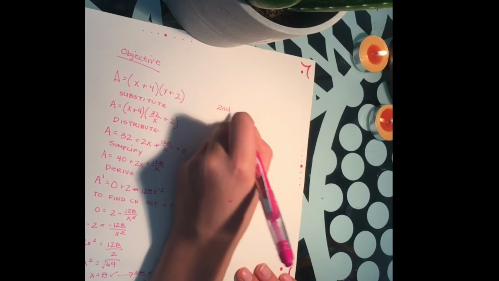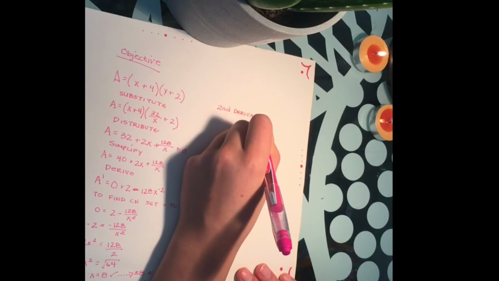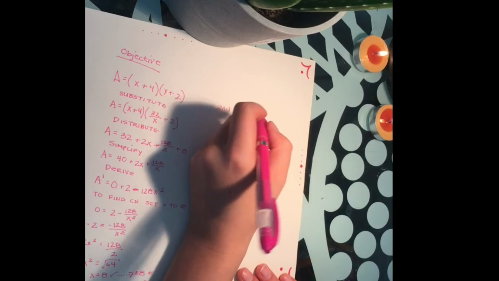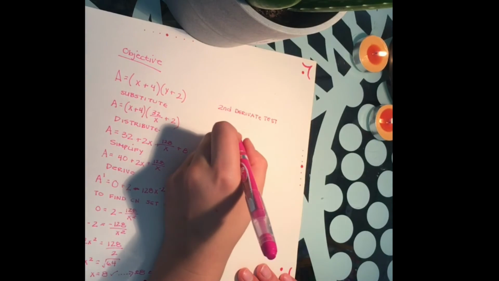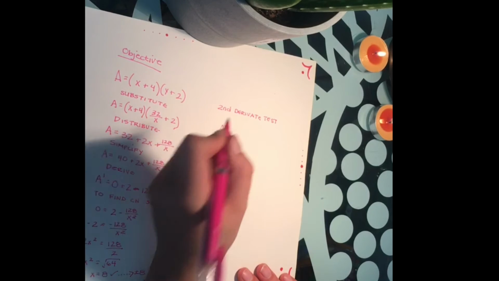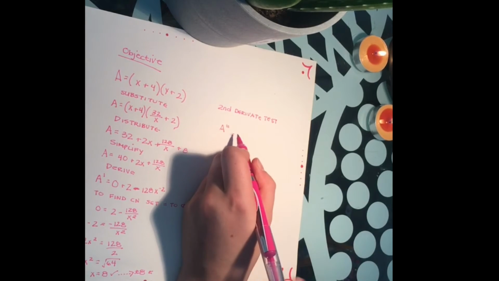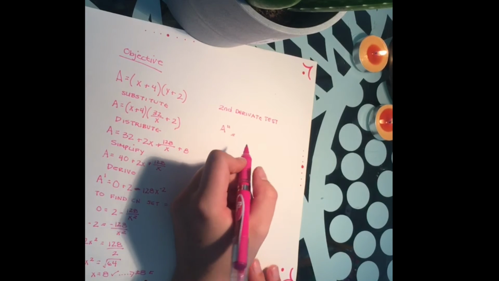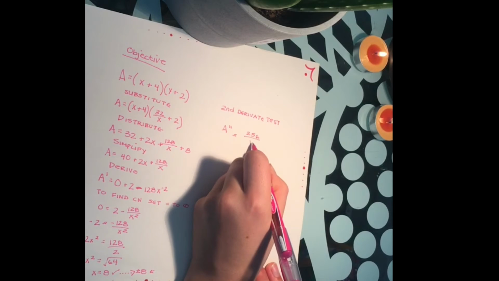The next step that you're going to do is take the second derivative. The reason you take the second derivative is to find whether or not you have a concave up or concave down with each critical number. And for this problem, since we want to find the minimized poster material, we're looking for a minimum, which is what the concave up and down tells us.